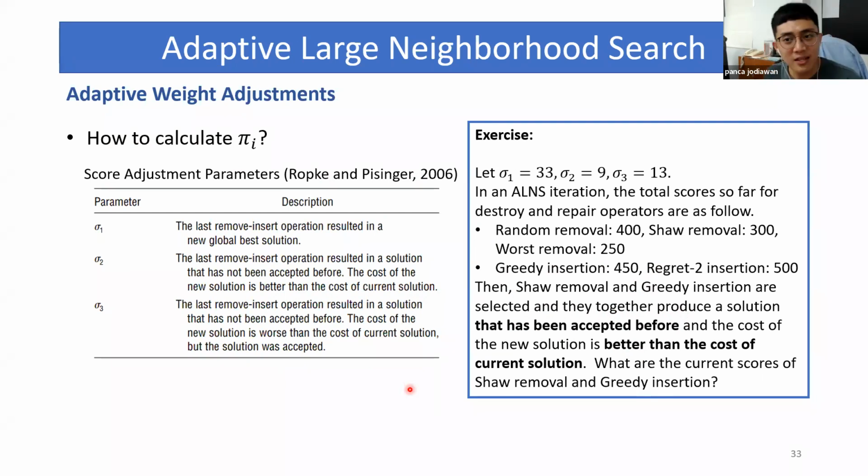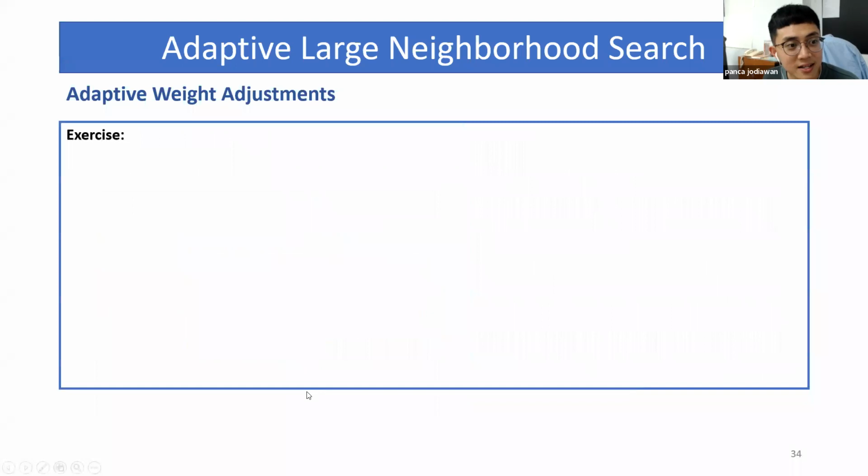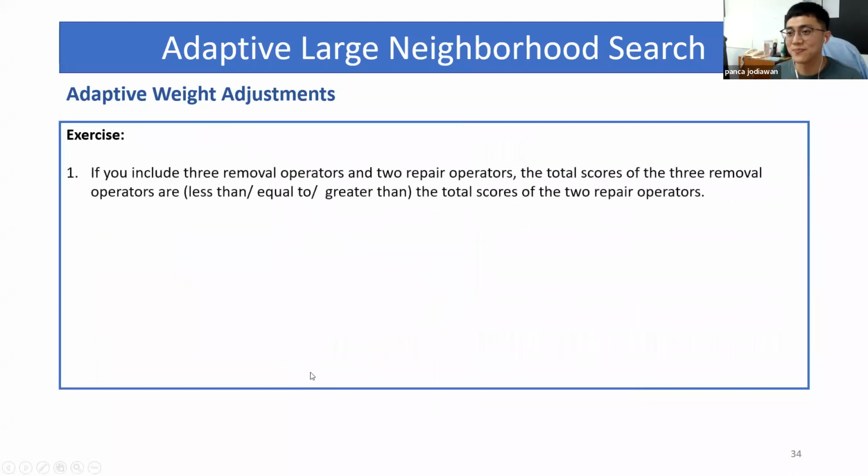Okay, then what's next? I hope that everyone can still join, okay? So first, if you include 3 removal operators and 2 repair operators, this one is complex. Okay, so everyone, you could give me a sign. Are you still here?